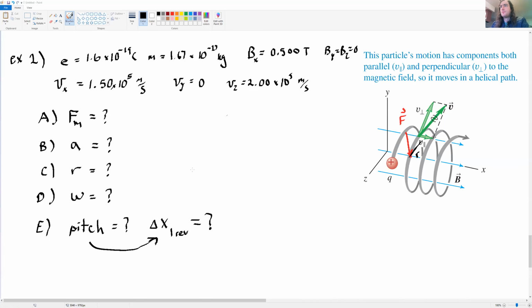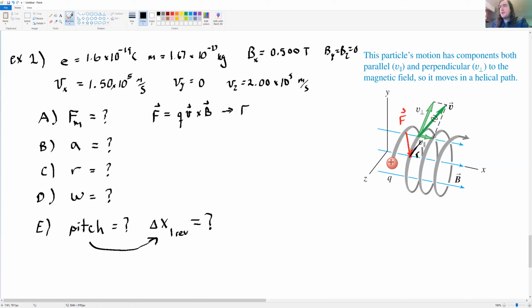Okay. Let me go ahead and share back to this screen here. Can you see that? Yes. So the starting point is to recognize that because of the cross product, Q V cross B, only the components of V that are perpendicular to B will count towards the force.